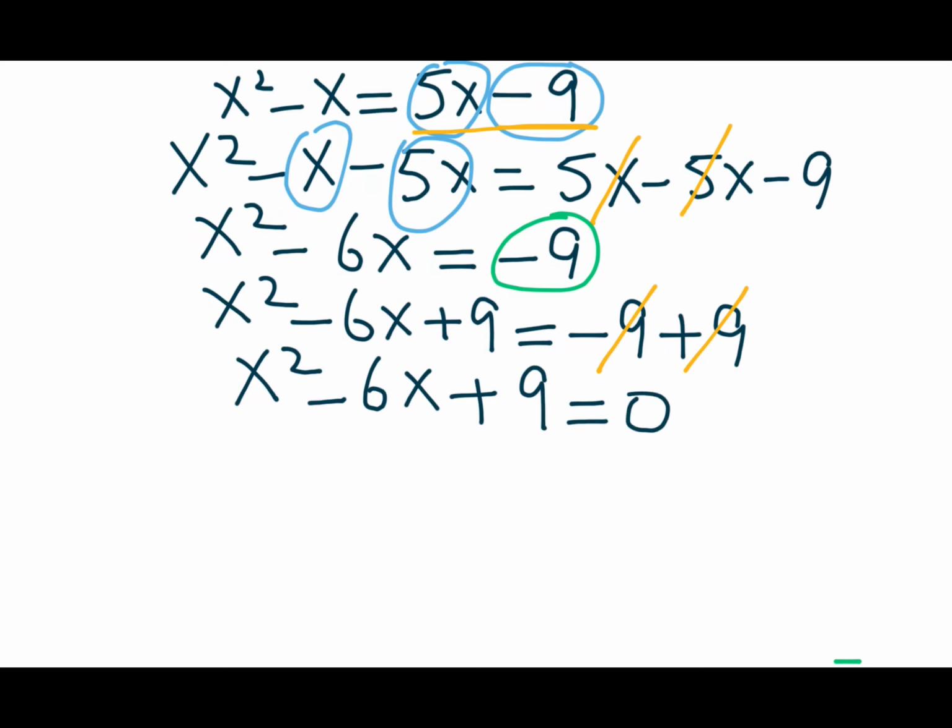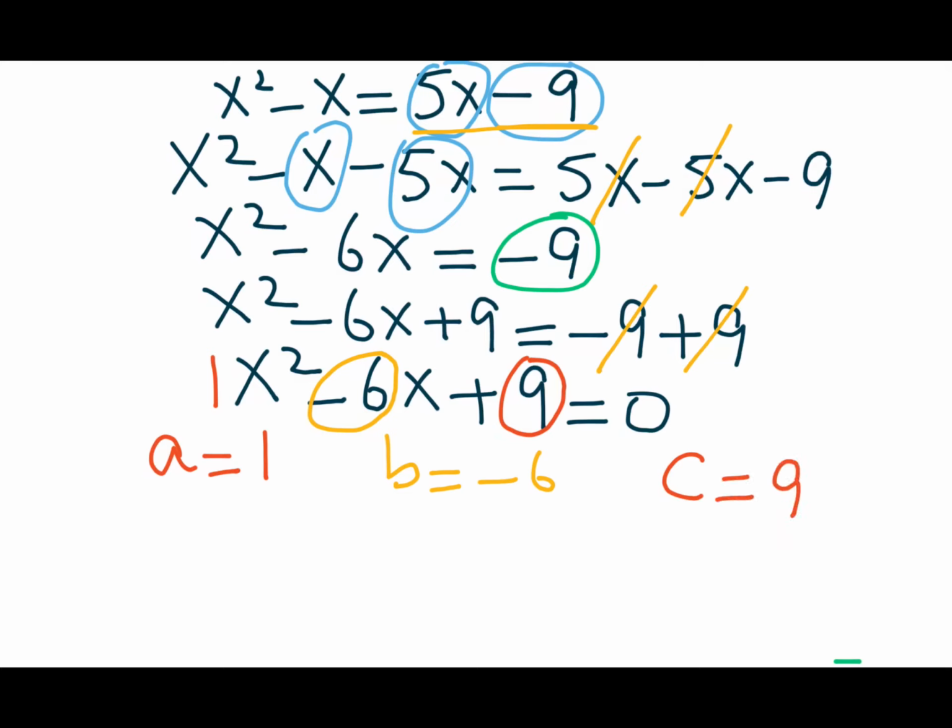Now the coefficient of x squared is 1, so a equals 1. The coefficient of x is minus 6, so b equals minus 6, and c is the number without any x variable, so c equals 9.